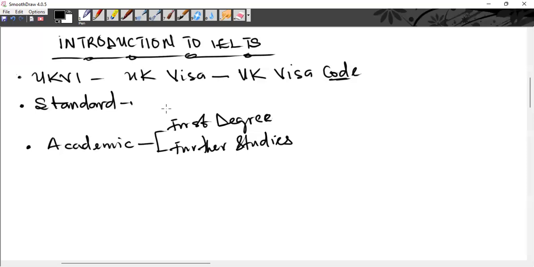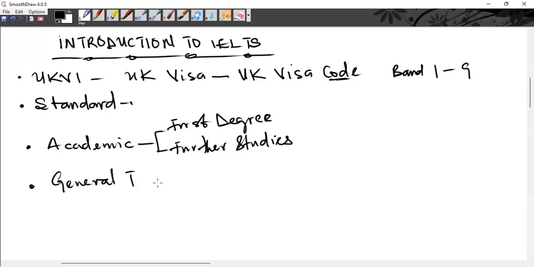And the scoring is also the same, from band 1 to 9. Good. The second test is the general test.